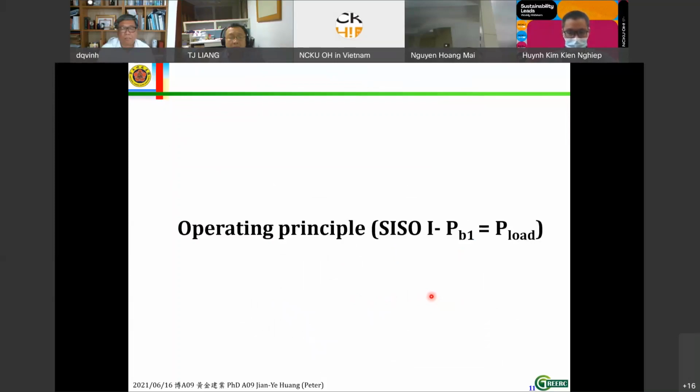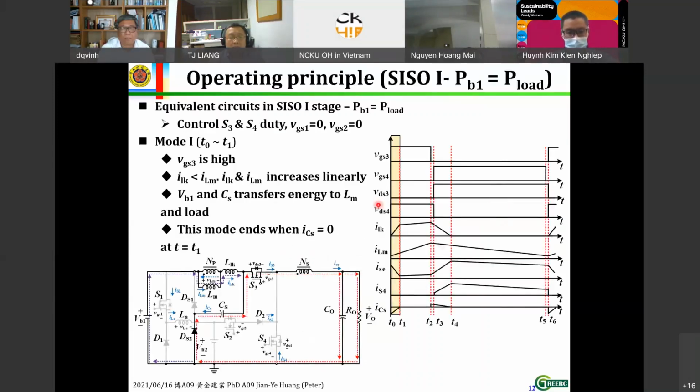Okay. Let's talk about the operating principle of SISO 1, in which the energy from source will transfer to load. This mode usually happens when the battery is cut off from the three-port converter, so only the energy transfers from VB1 to VO. The control trajectory is to control the switch S3 and S4 duty and let VGS1 and VGS2 equal 0.